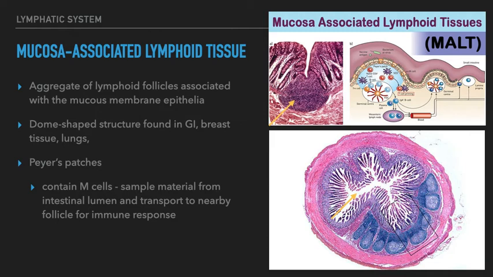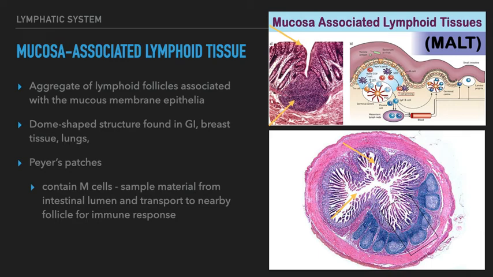Other structures of note in the mucosa are the villi, which I just pointed at. These are finger-like projections of the mucosa. These increase the surface area of that tissue.